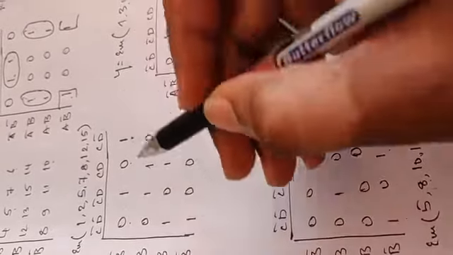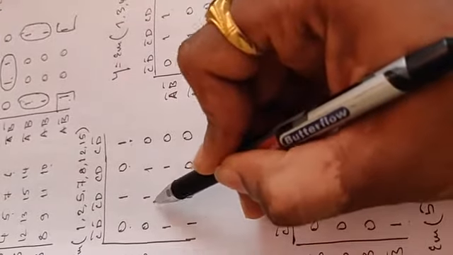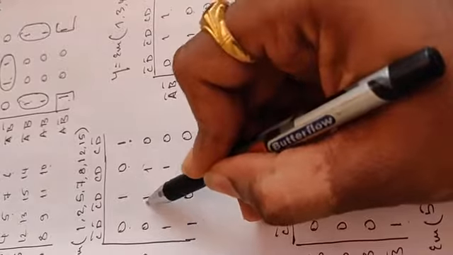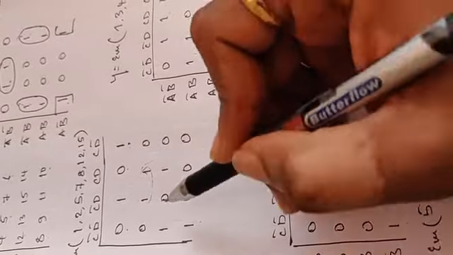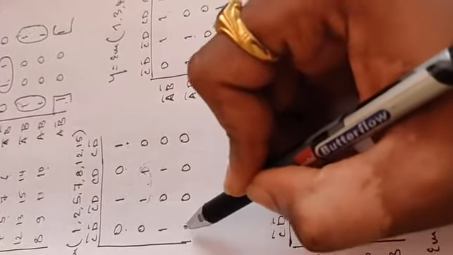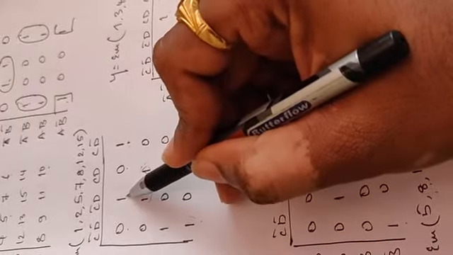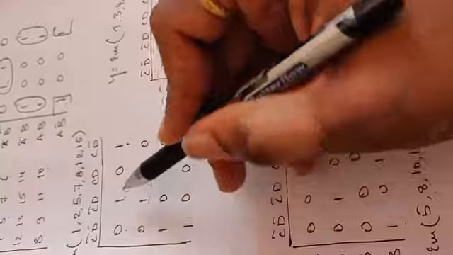For example, rather than making a group like this, if you make a group like this, what will happen? So one group, two group, then this one and this one will get isolated if you make it like this, 3 group and 4 group.